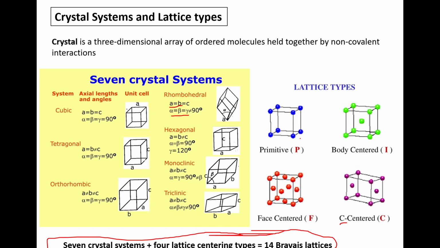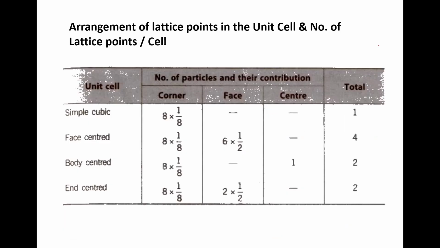Okay. So then if someone asks you what is the total contribution of each atom in these lattices, you can actually calculate from here. In 8 corners you have 8 atoms, and those atoms are shared with the adjacent lattice. So how much does each atom contribute to that lattice?